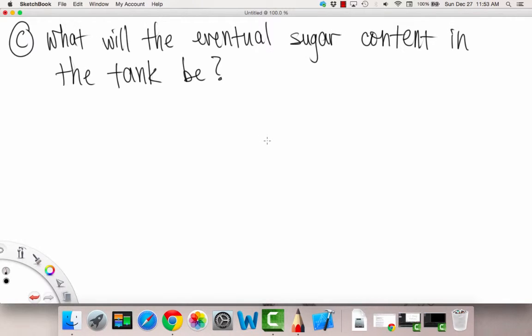Okay, now for the last part of this problem. Part C, it says, what will the eventual sugar content in the tank be? So this question is implying that eventual, this says a lot right here, that means that we're going to be studying what's happening to our sugar content as t goes to infinity. And again, the function which represents our sugar content at any time is y of t.